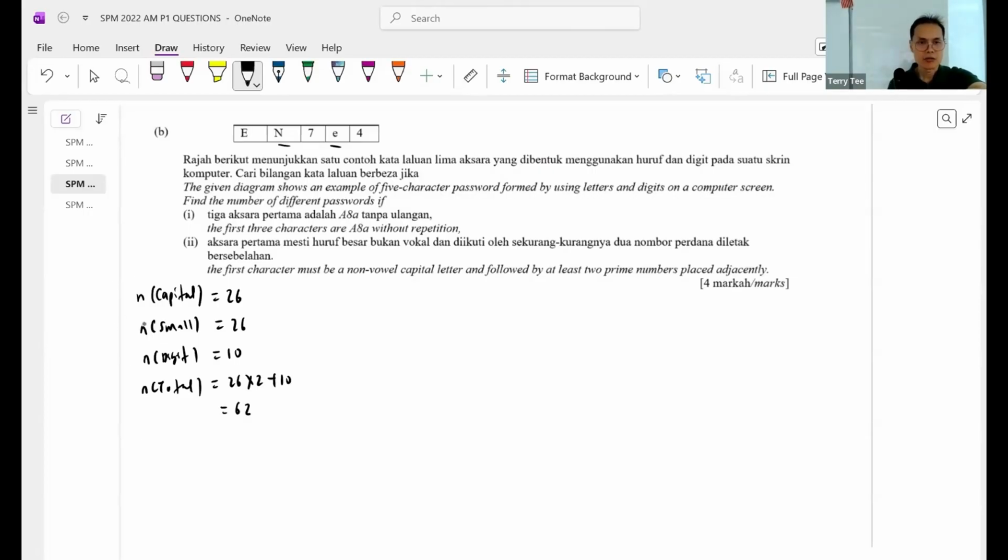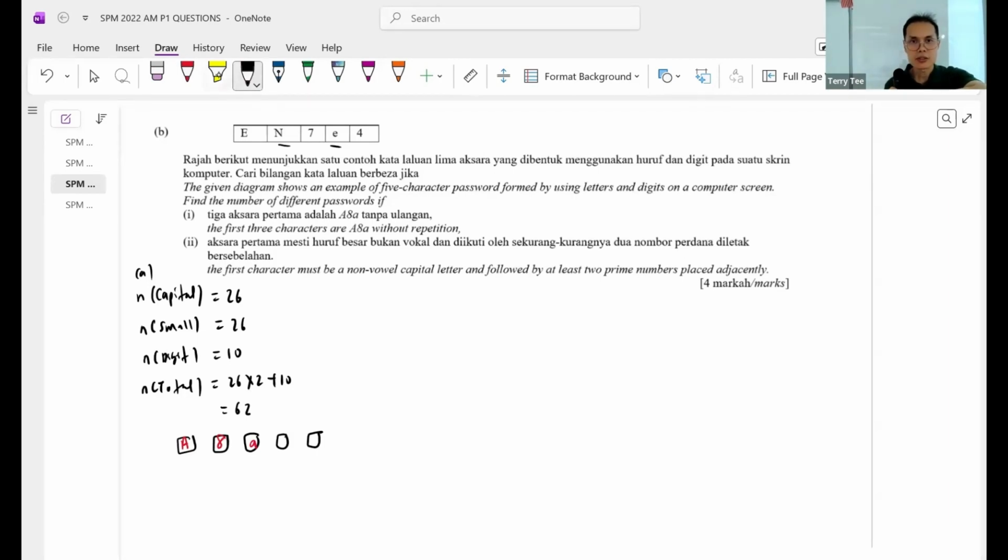But here's the thing. For part A, you need to form how many characters? 5. But the first 3 are already fixed. The first character has to be A, the second character has to be 8, the third character has to be small a. How about the last 2?